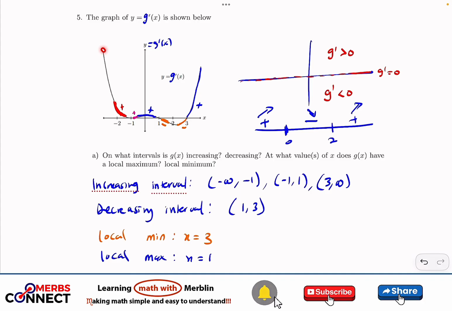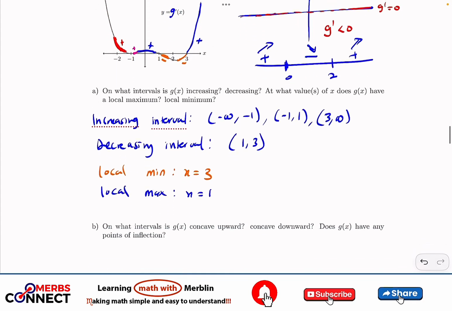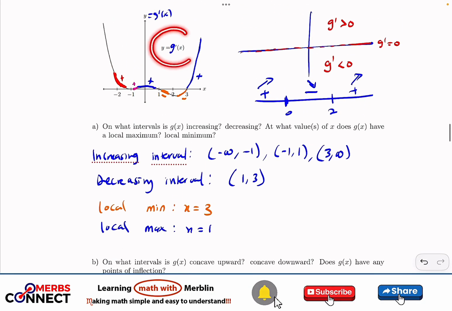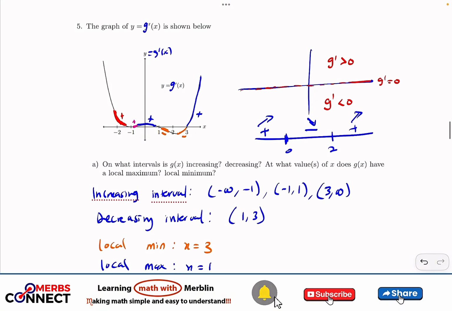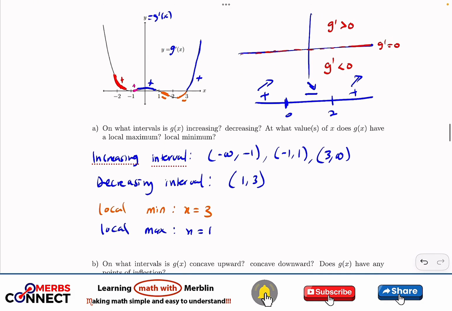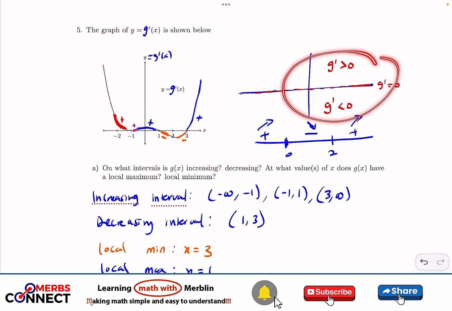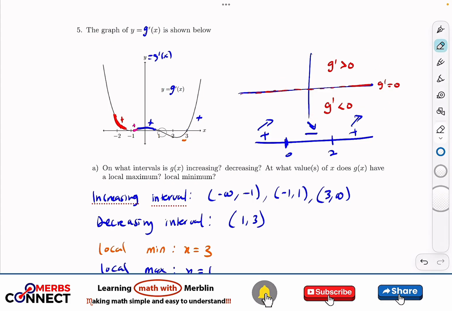Then if it is increasing, it goes like this, and if it's decreasing, it also goes like this. So now because this graph here is g prime, and we are looking for g prime prime because we are looking at the concavity, then the assumption changes. Now we change our perception from thinking this way to now thinking this way.